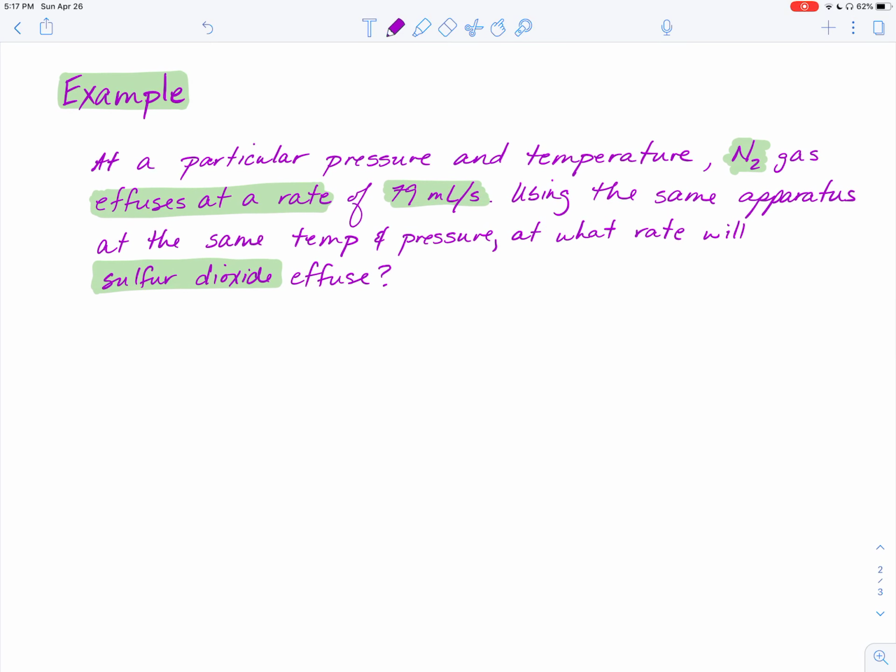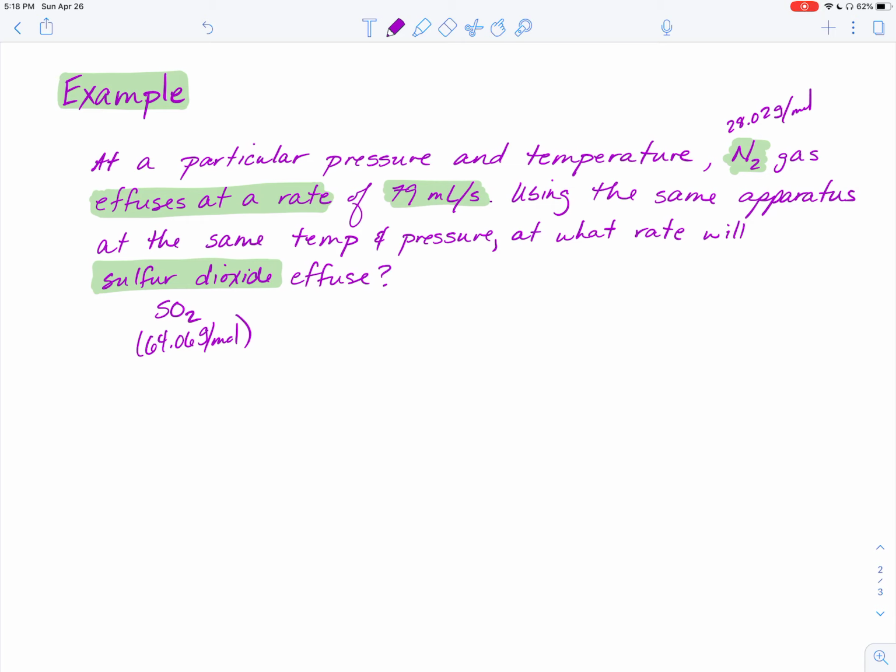A couple of things we need to note. What's sulfur dioxide's formula? SO2. We need to know its molar mass as well, 64.06 grams per mole. It might also be nice to know nitrogen N2's molar mass, 28.02 grams per mole. Essentially, this is what we're going to do.